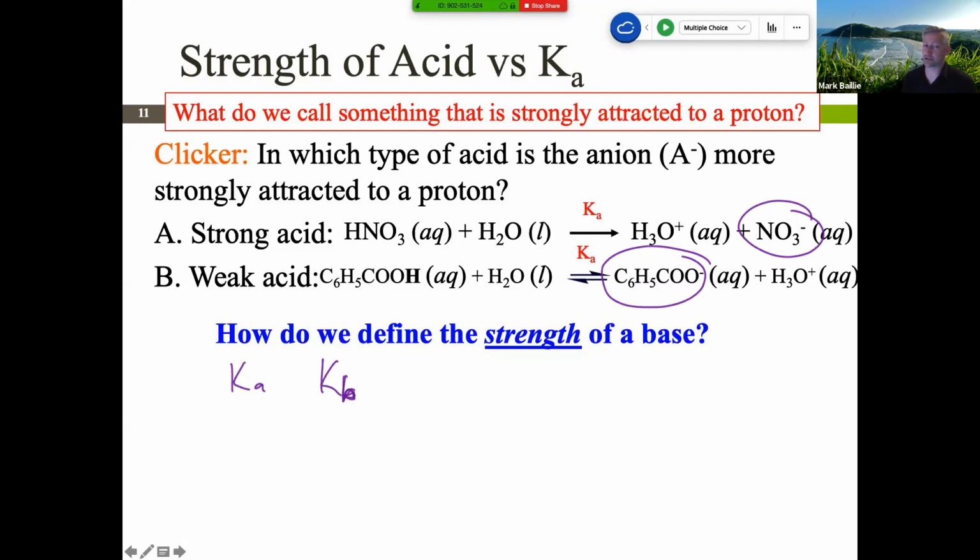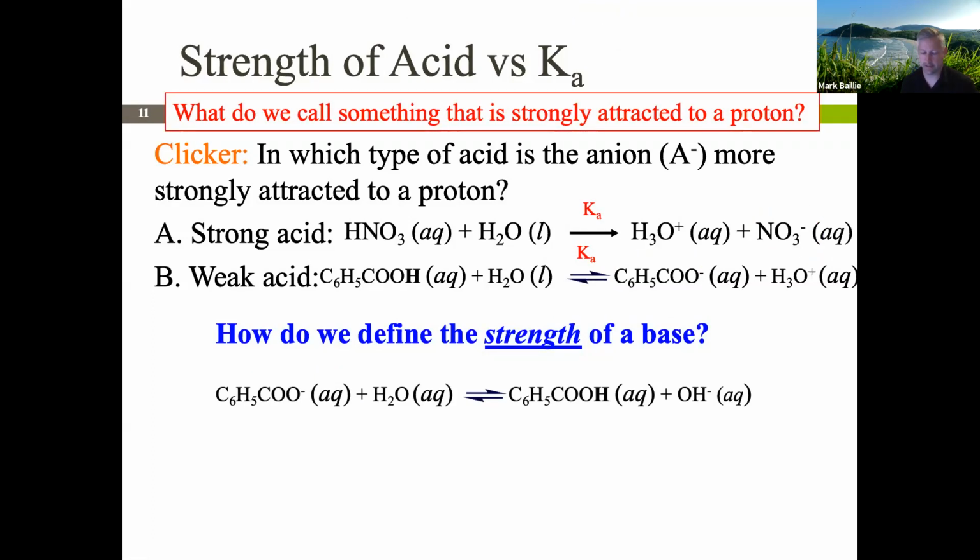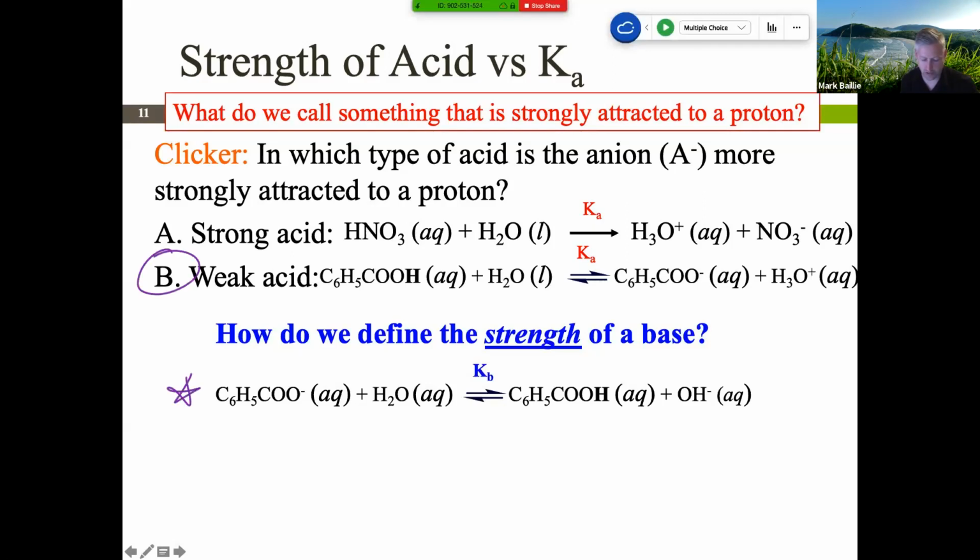So it's almost the reverse reaction, right? It's saying how likely is the reaction to go in this direction? But there's one major difference, and I'll show you based on the reaction we have here. For the reaction of Kb, I want you to look at what looks similar and what looks different between the reverse of this reaction and that reaction.